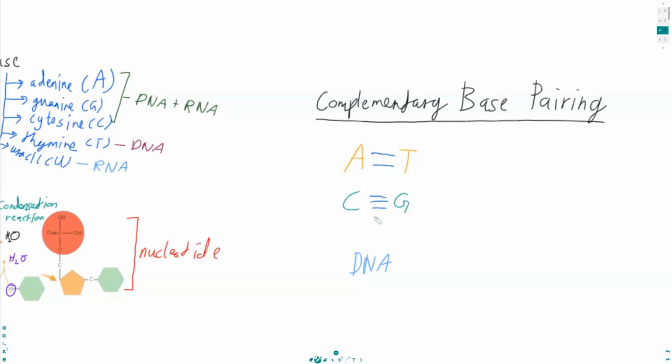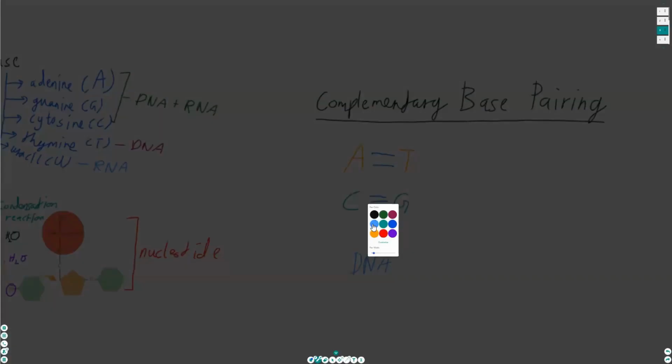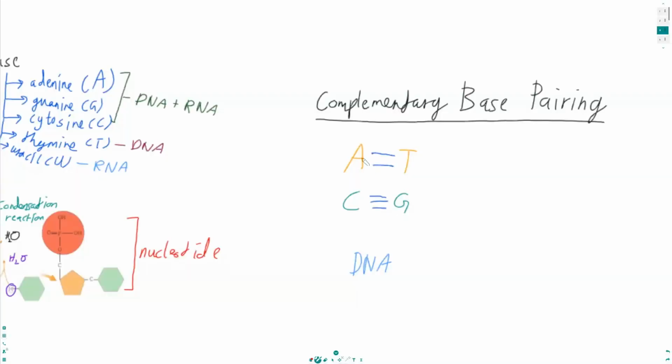Now, when we talk about complementary base pairing, we often say purine to pyrimidine. So what are purines and what are pyrimidines? Well, A and G, adenine and guanine, I'm going to label them in red.